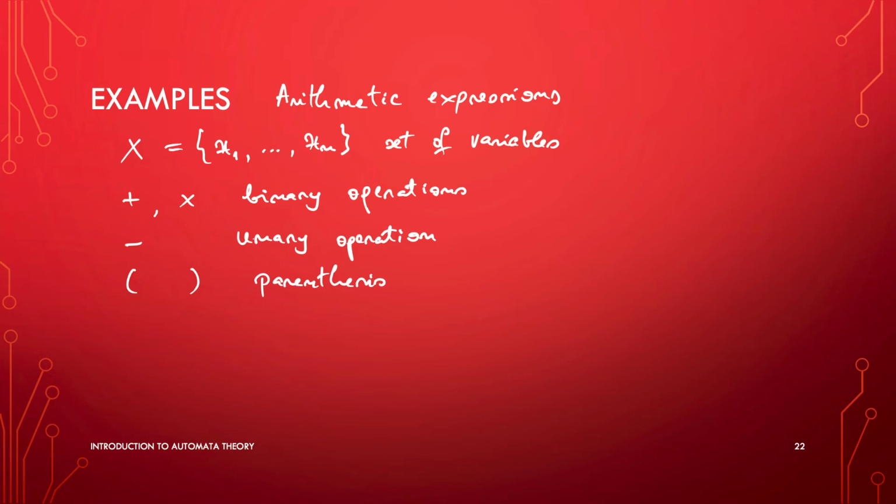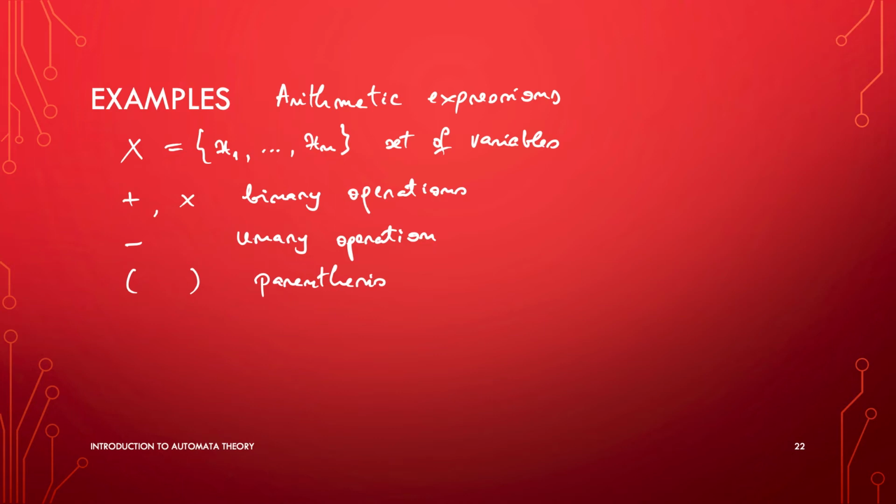And when we define this set of arithmetic expressions, the primary focus is going to be on these parentheses being correctly closed. If you open a left parenthesis, the right one should close in a correct way, in such a way that inside you have a valid arithmetic expression. So that's going to be the focus of how we are going to formulate our definition of what arithmetic expressions are.